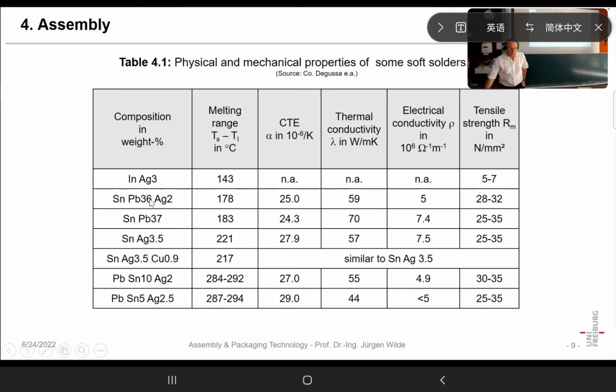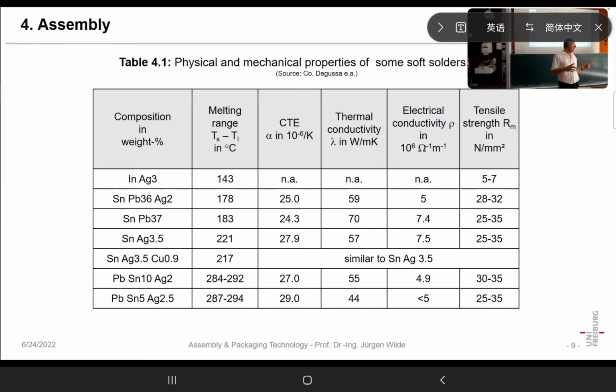What we can also see is that there are different solders. We will see them next time. For instance, when we have an indium tin solder, it can solder at 143 degrees centigrade. I presently have a project where we have made a solder consisting roughly of 50-50 indium and tin.